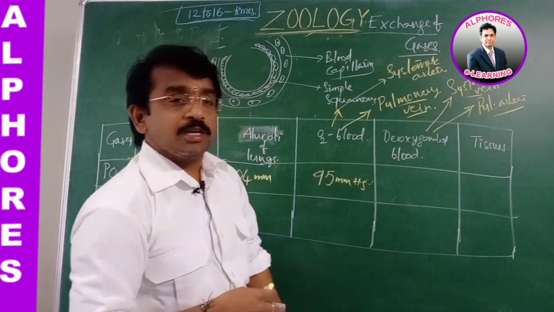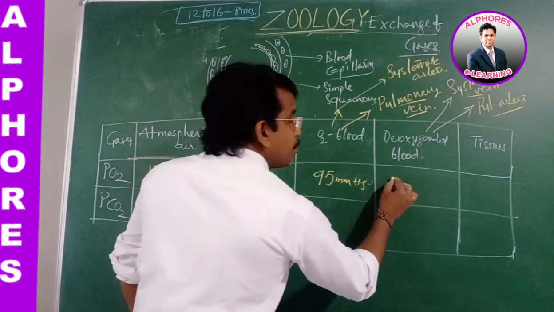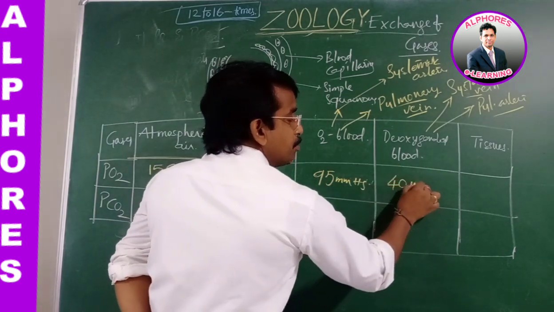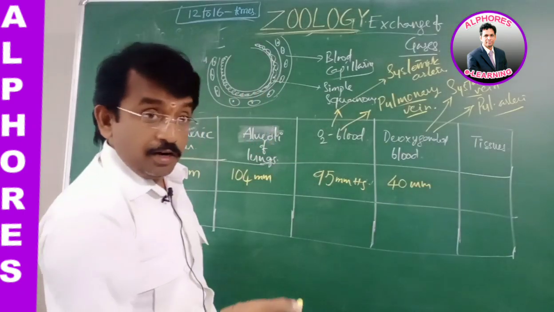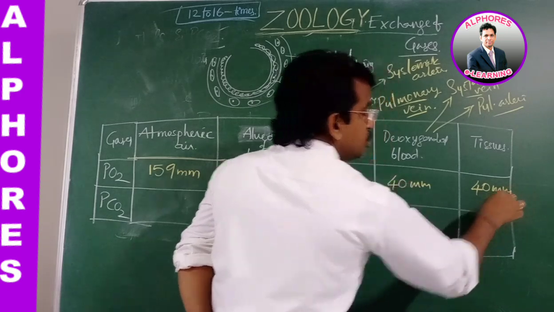Systemic veins are the ones bringing blood from the tissues, and here the partial pressure of oxygen is reduced to 40 mmHg, and in tissues 40 mmHg.